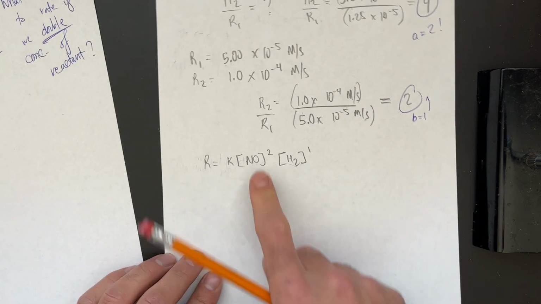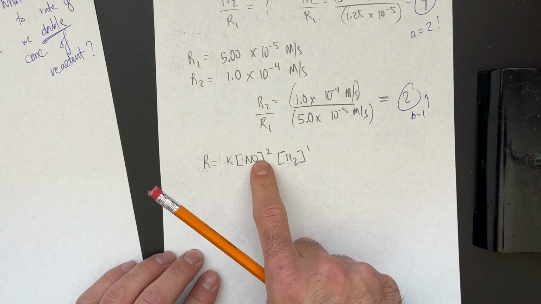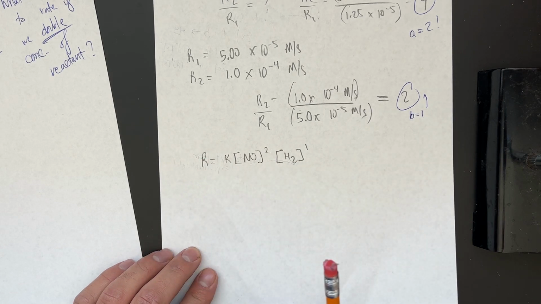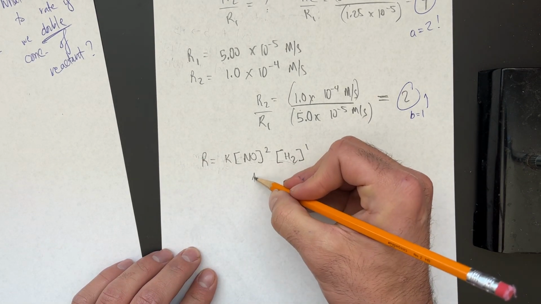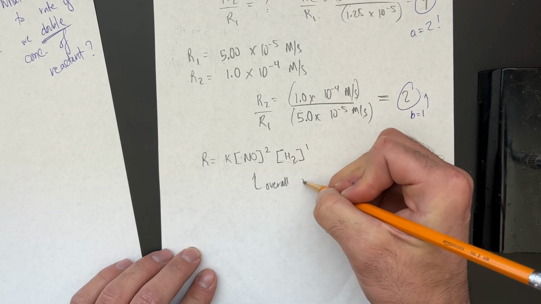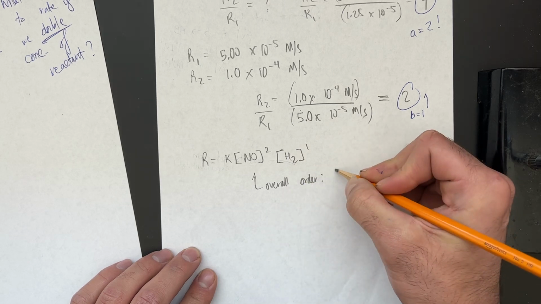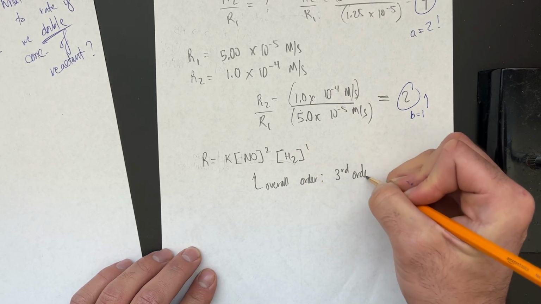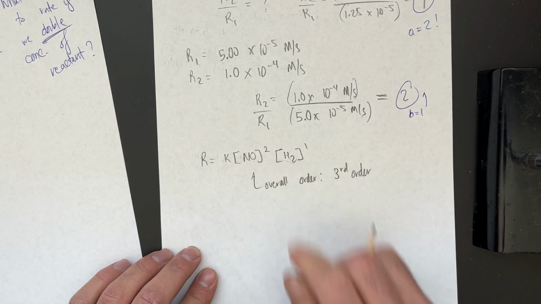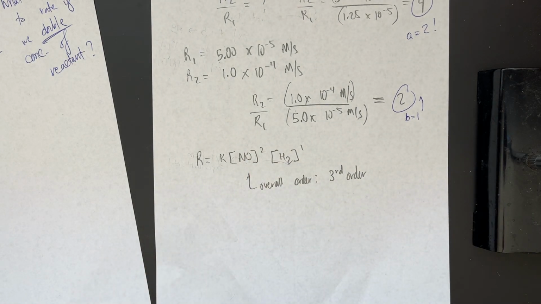And so this reaction is second order with respects to NO and first order with respects to H2. And so overall order is third, actually, because it's 2 plus 1. And so that's how you do this. Hopefully that helps. Let me know if you have any questions.